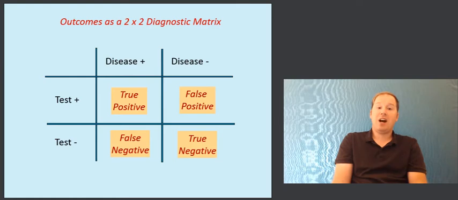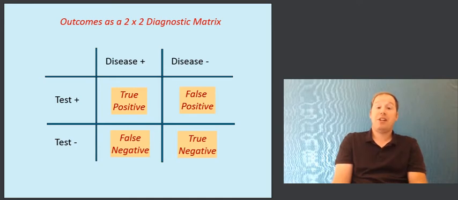Now, in the first upper quadrant on the left side of this, we have true positives. That is, the person has a disease and they test positive. On the bottom left quadrant square, we have a false negative. That is, the test comes back negative even though the person has the disease. On the top right quadrant, we have a false positive result.